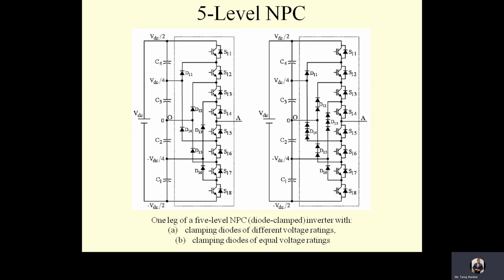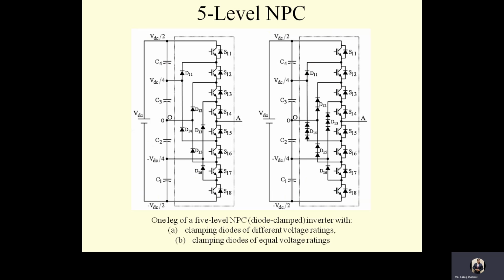Now, when the lower three devices, which are S16, S17, and S18, are on, diode D14 has to block three times the capacitor voltage, that is 3VDC/4, as evident from the figure.